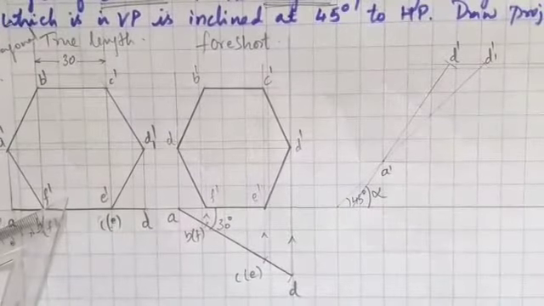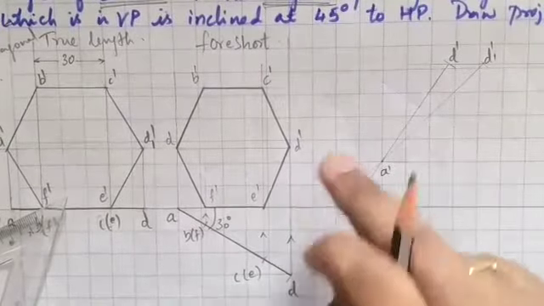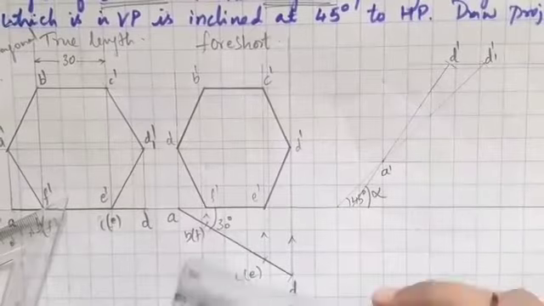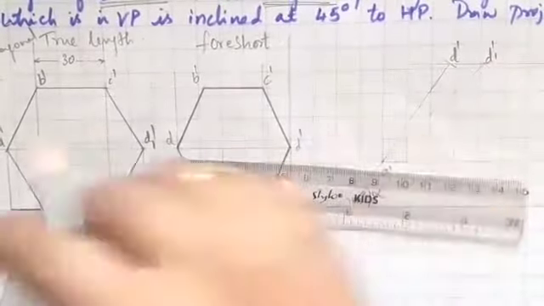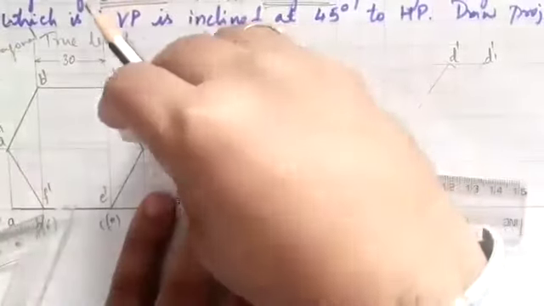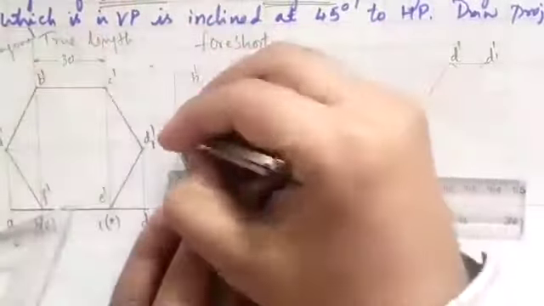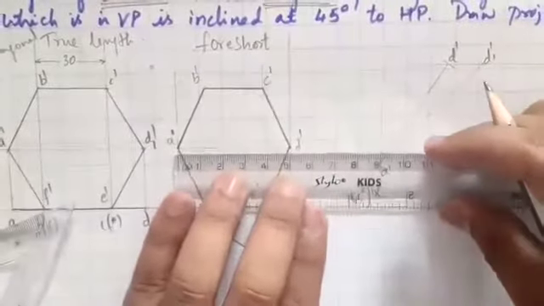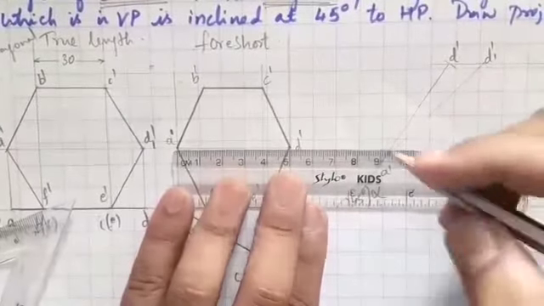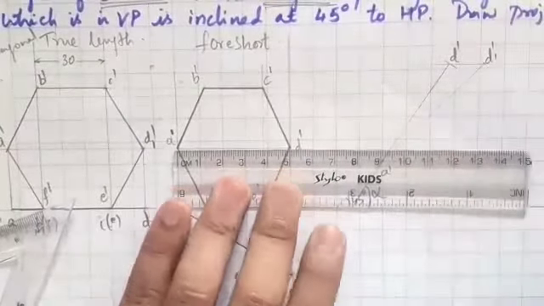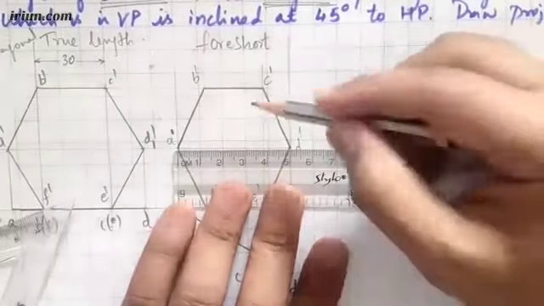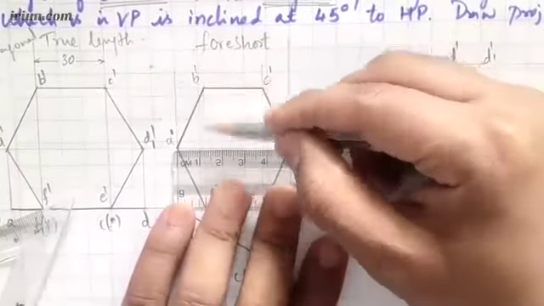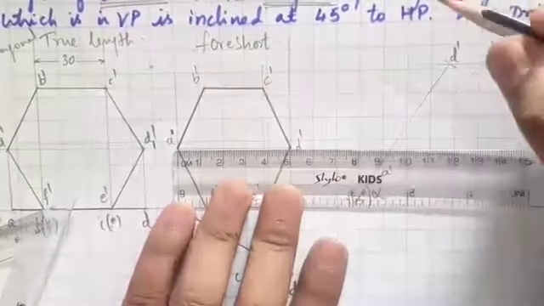How to construct the same hexagon here is important. What I'll do here is bisect this diagonal A dash D dash for the positions where the B dash projector and C dash projector are lying.